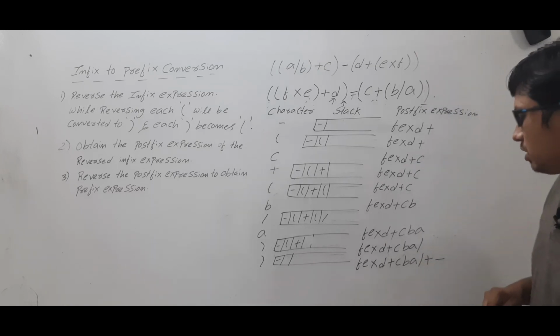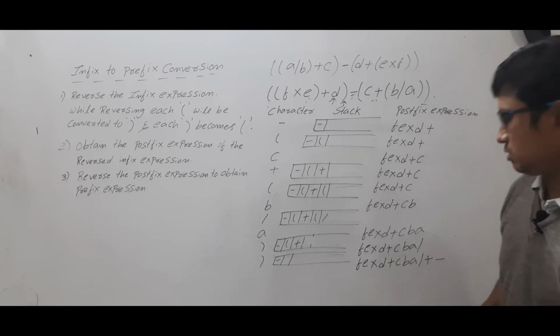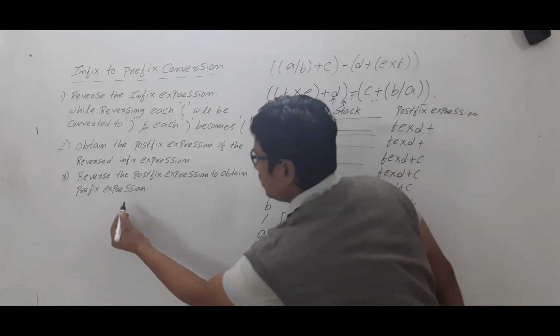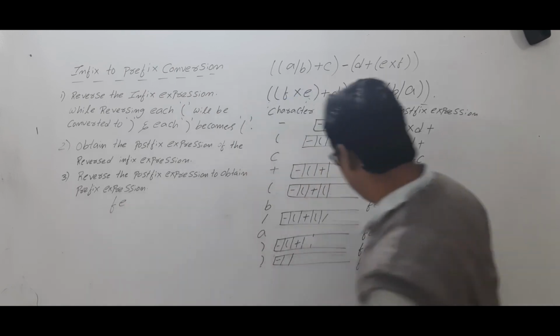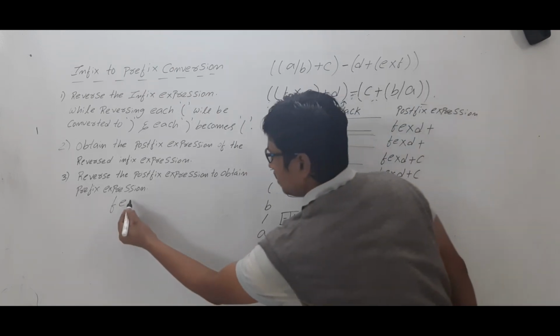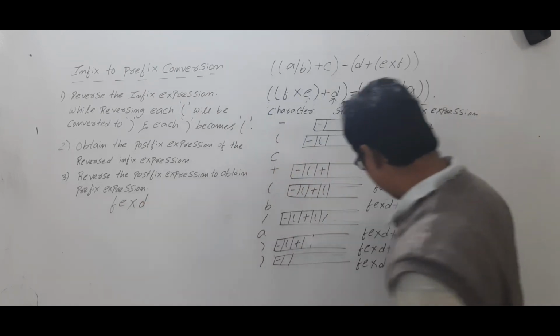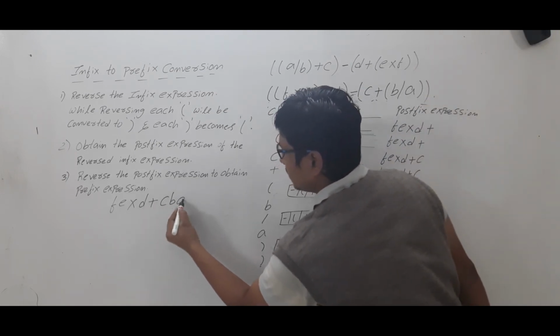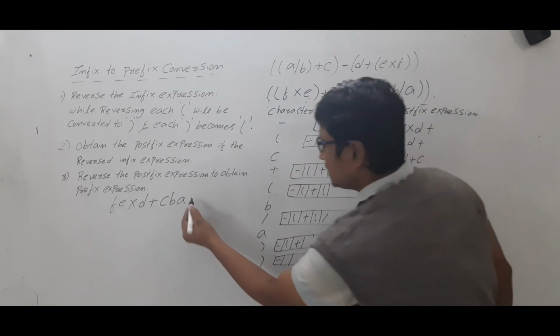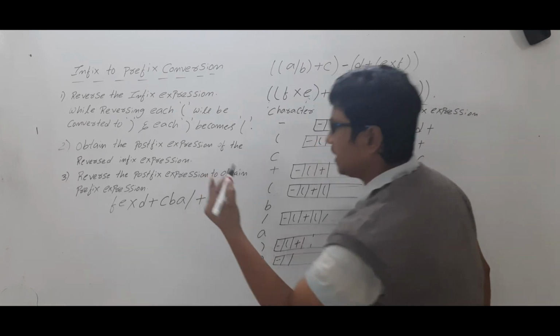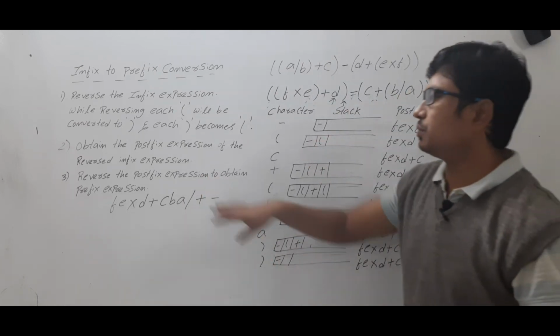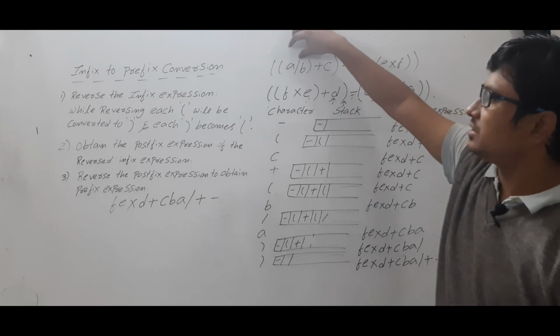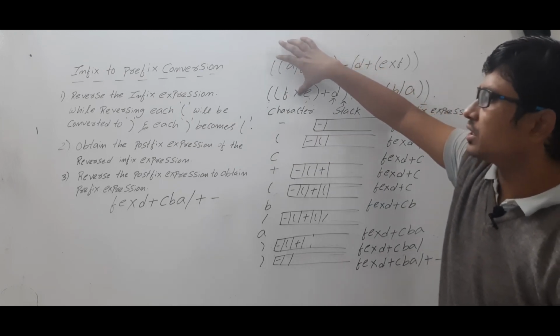So this is the postfix expression we got: F E multiplication D plus C B A division, addition, subtraction.